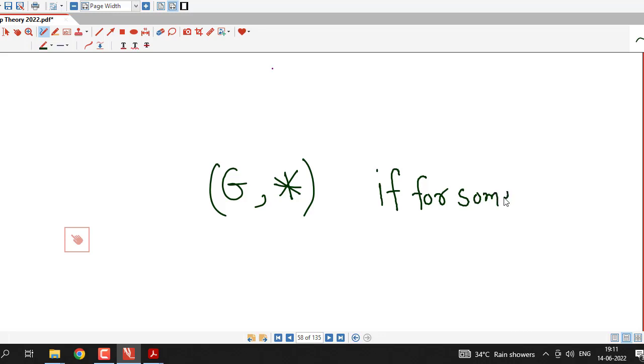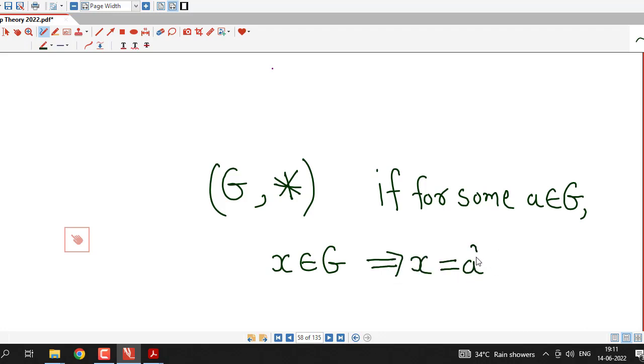We know that a group G under binary operation star is cyclic if for some element A in group G, every element X in G can be represented as A to the power n for some n belonging to Z.